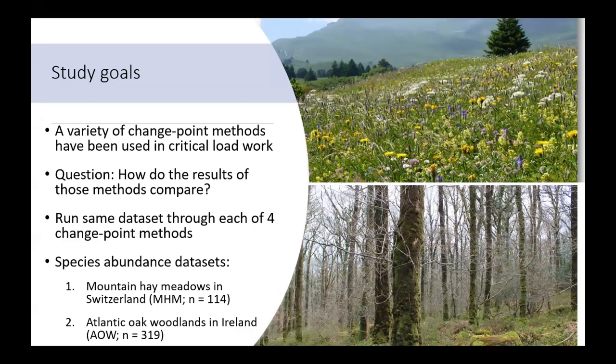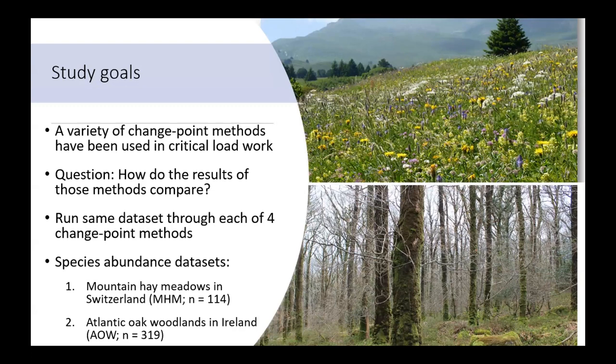We selected 4 change point models that we had observed were used in critical load work or to inform critical loads. And then we selected 2 data sets and we ran those data sets through the models. So we had species abundance from mountain hay meadows in Switzerland. That's my top picture. And from Atlantic oak woodlands in Ireland, my bottom picture.